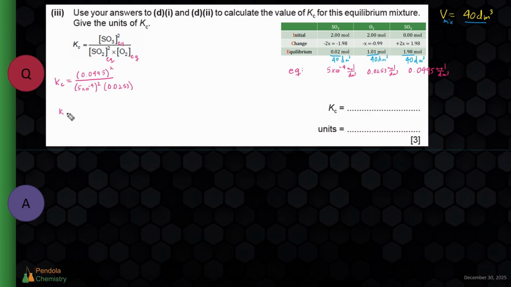So Kc is going to be 0.0495 squared divided by 5 times 10 to the negative 4 squared times 0.0253. And we are going to get, as an answer here, 3.87 times 10 to the 5th.